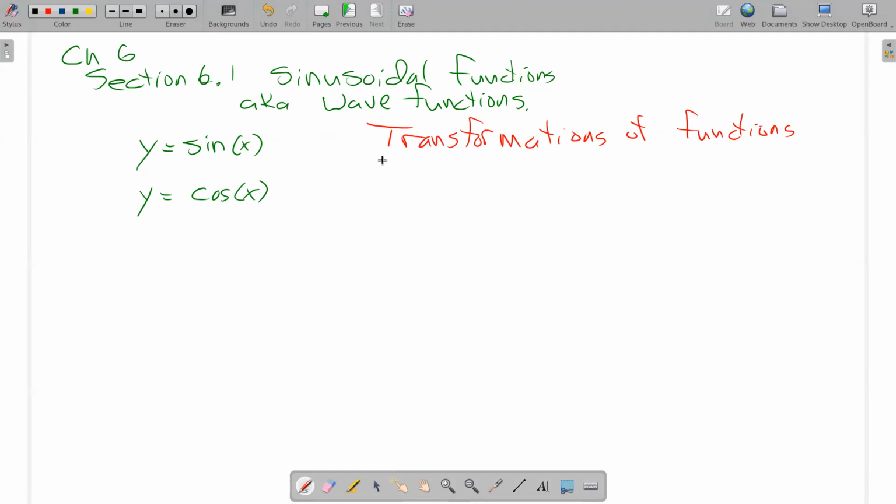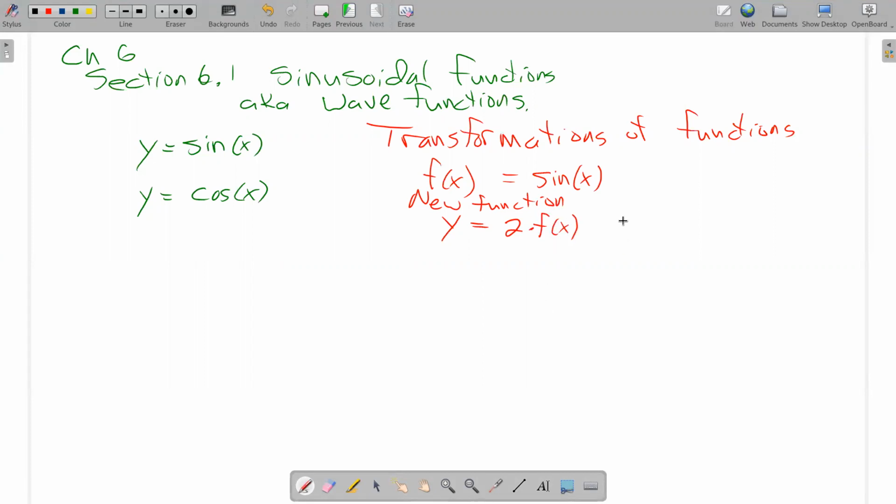So for example, if we take a function that we had, f of x, in this case let's take f of x as the sine of x, and then we modify it by saying, what happens if I make a new function, y equals 2 times f of x?